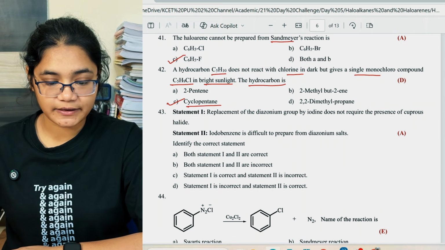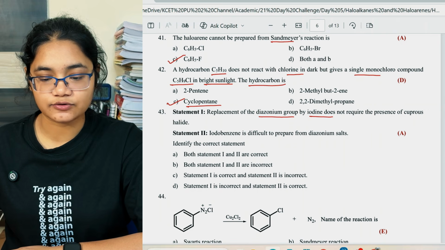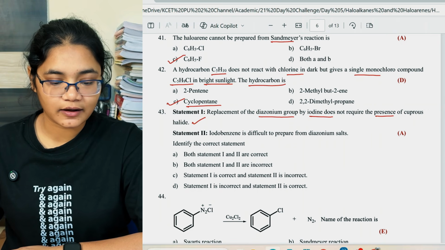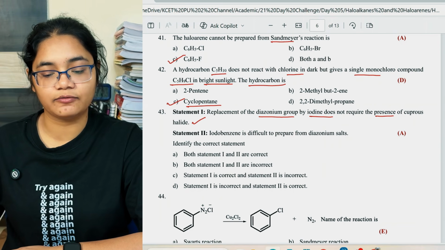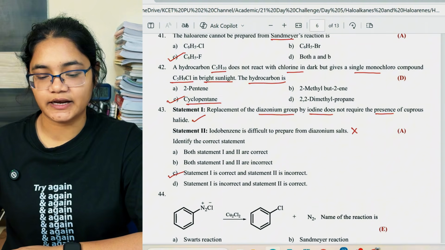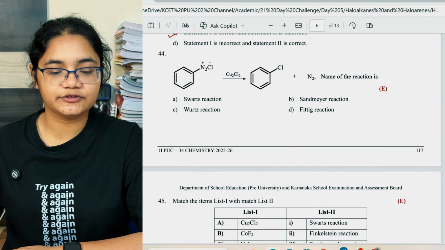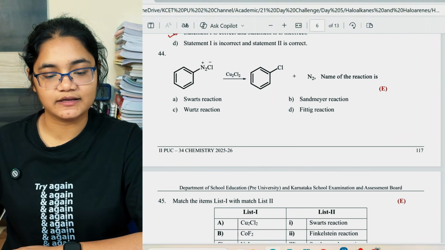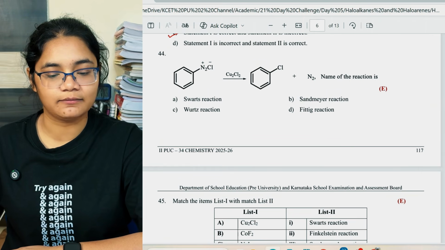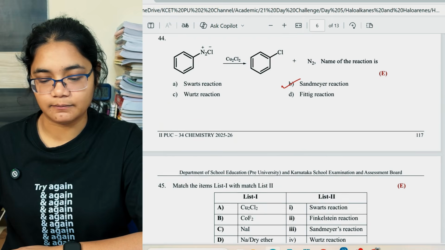Next, replacement of the diazonium group by iodine does not require the presence of cuprous halide. Yes, that is correct. Iodobenzene is difficult to prepare from diazonium salt. This is wrong. So option number C, where statement 1 is correct but 2 is incorrect. Next, you have N2+Cl minus with Cu2Cl2 gives you chlorobenzene plus N2. The name of the reaction is the Sandmeyer reaction. So option number B here.